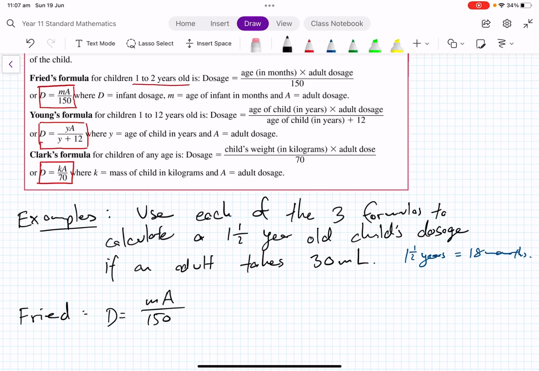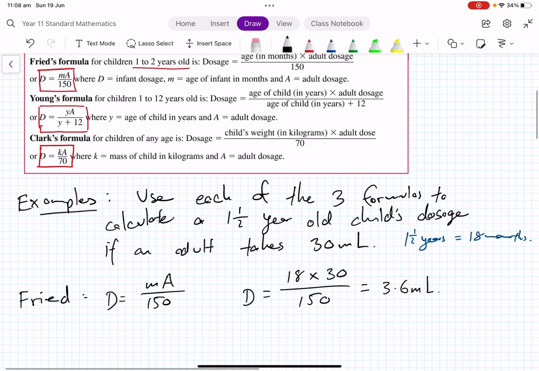So we're going to have dosage is equal to 18 times 30 milliliters, which is adult dosage, over 150, which is equal to, get our handy calculator out and work it out. 18 times 30 divided by 150, we get 3.6 milliliters.